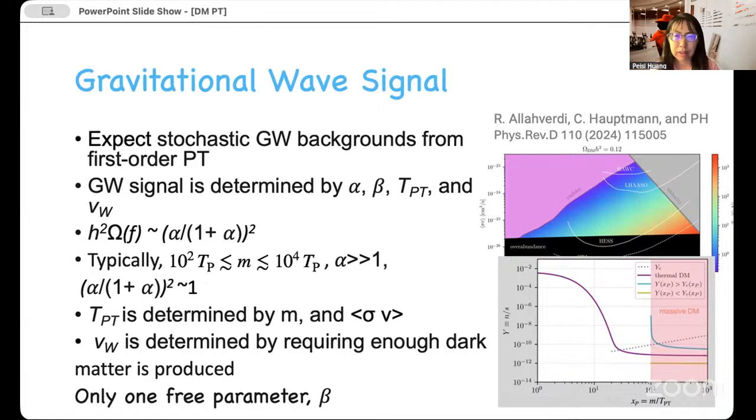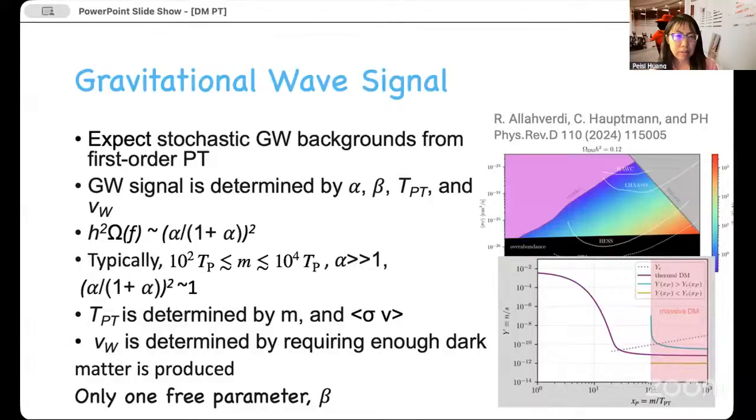We need alpha, the strength of the phase transition; beta, which is the inverse duration of the phase transition; T phase transition, which is the temperature of the phase transition; and the wall velocity. Once a particle physics model is specified, all those 4 parameters can be calculated from the model. But since we did not specify a model here, we are going to treat those 4 parameters as free parameters.